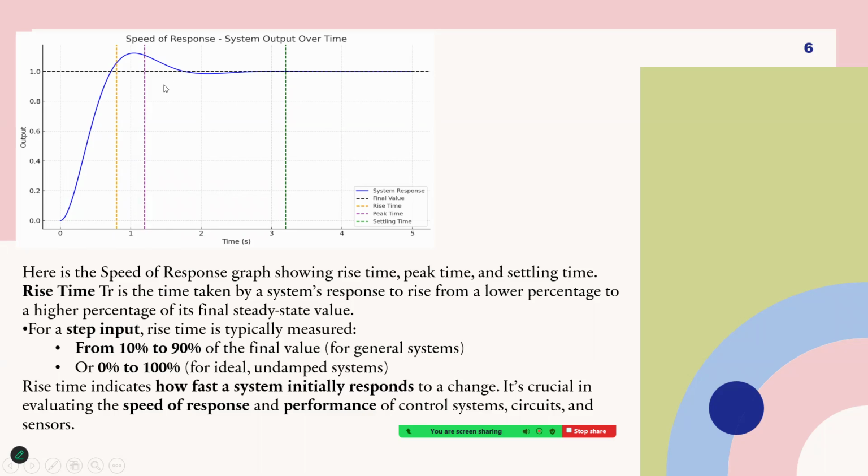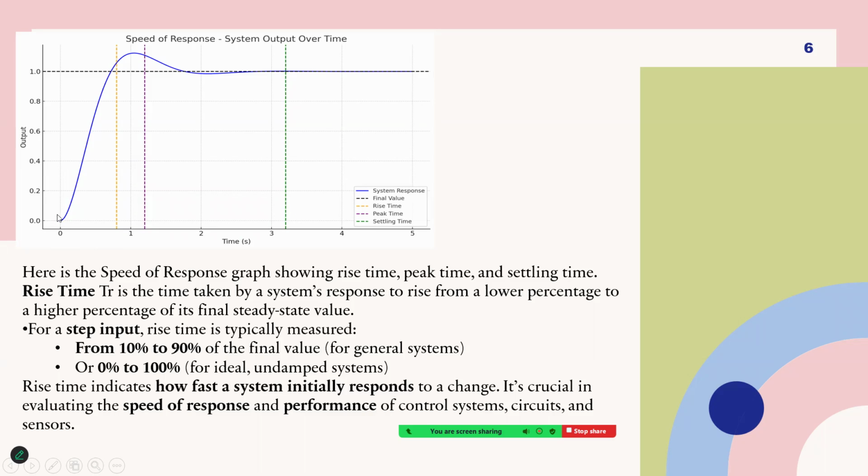So we have to understand that the concept of peak time is only understood when we have a waveform kind of graph. Here, what is rise time? It is how our system initially responds to reach its final value. It is from 10% to 90% of the final value for a general system, and 0% to 100% for an ideal undamped system.